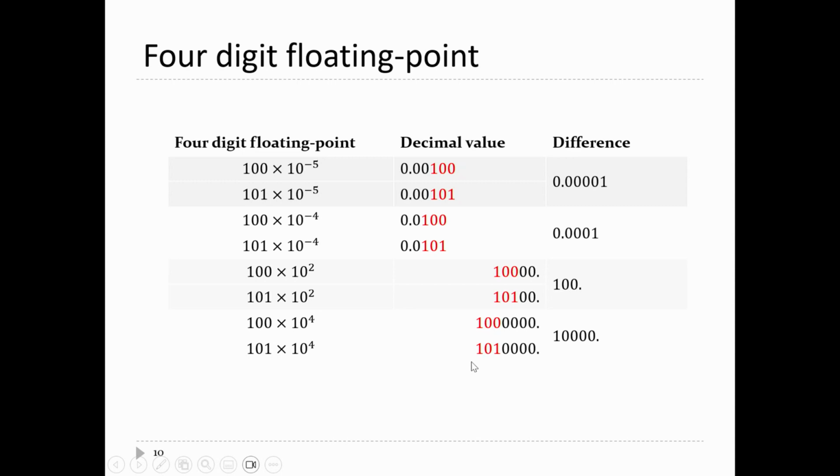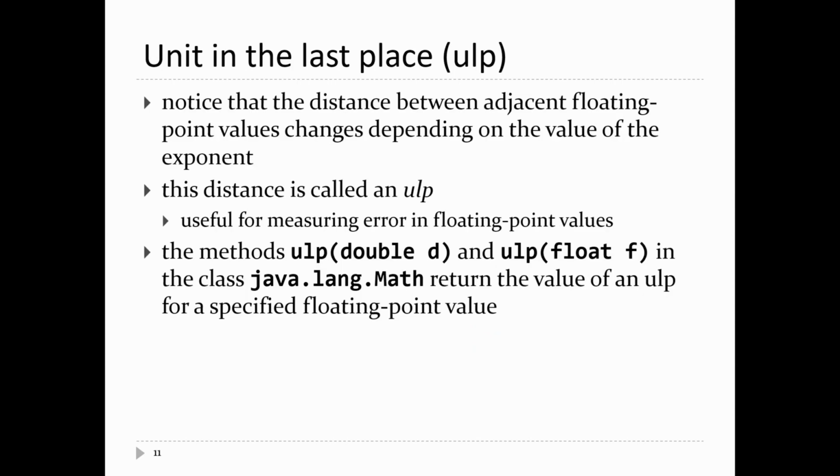I can't represent any value in between. So if I write down, say, 1,005,000, then it gets converted to either that value or that value, and the difference is 5,000, which is 1/2 of the difference. So any value in between these two values gets converted to the closest of these two, and the error that you get is equal to half the distance between those two numbers, or 1/2 of an ULP.